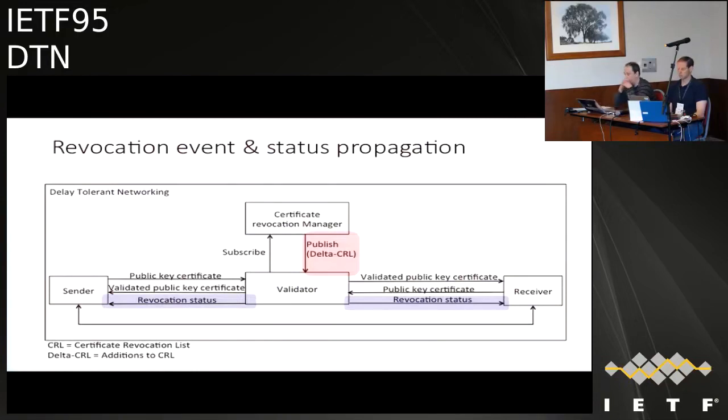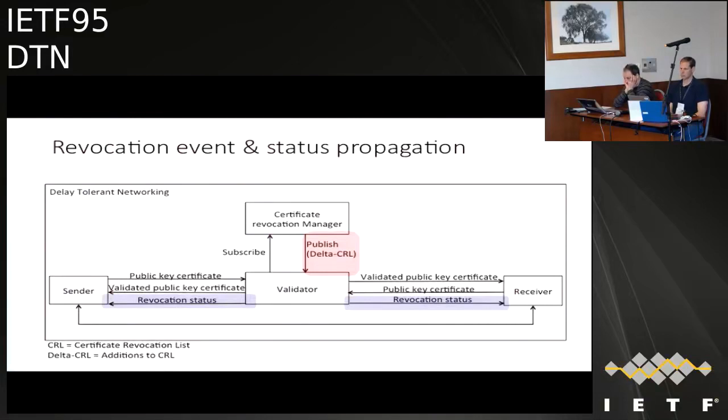And when the validators receive those system level events from the certificate revocation manager, the validators will filter out events of interest for specific senders and receivers, and it will only push those events that are of interest for the sender or receiver. Now, how the validator will know which sender is interested in which certificate event or which receiver is interested in which certificate event, we will see in the session management side.